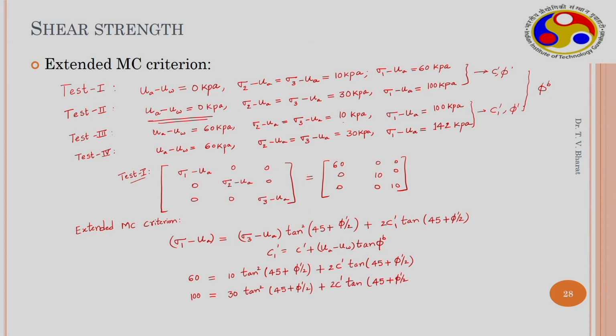Solving these two equations, if you subtract the first equation from the second equation, then we get the phi dash value, which is nothing but 2 times tan inverse of square root of 40 by 20, minus 45.